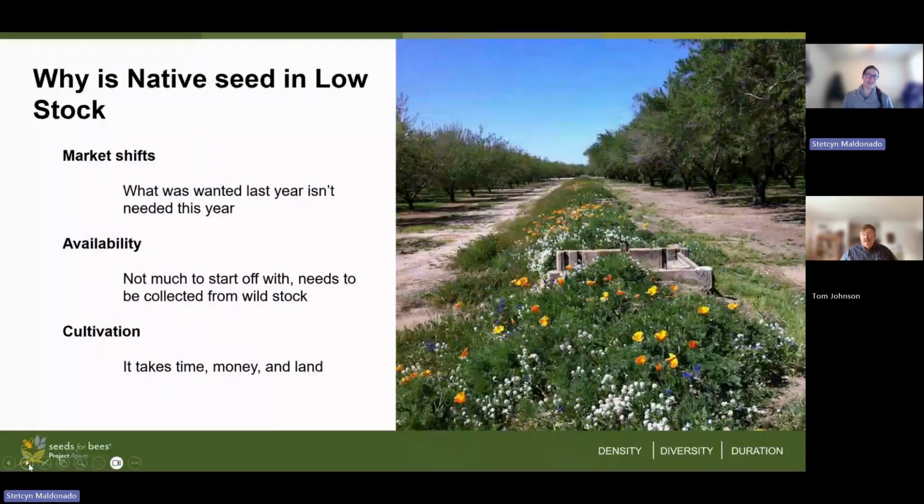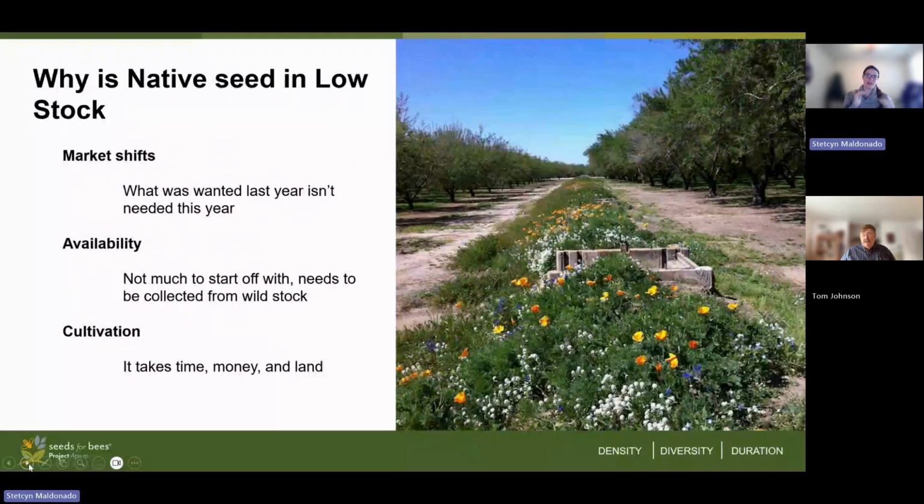So they want to hedge their bets and have some plants germinate quickly. Some may take a really long time. Tom was telling me that's called hard seed. I guess it depends on species how long it can take hard seed to germinate, as far as years. But if you're trying to plant that and then harvest it that year, that could be really frustrating. And then having it show up when you planted something else could be equally frustrating.